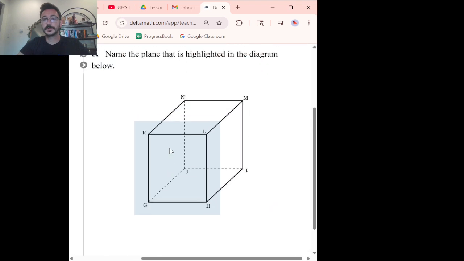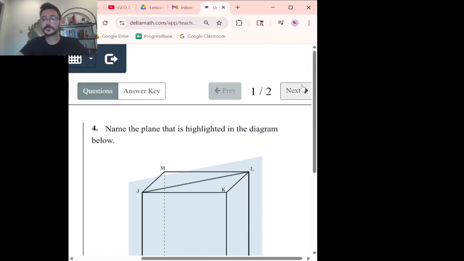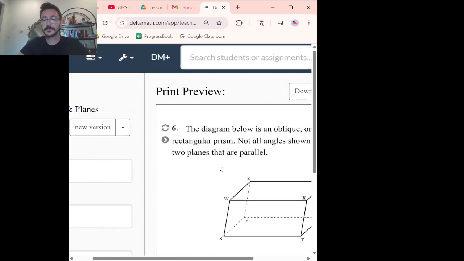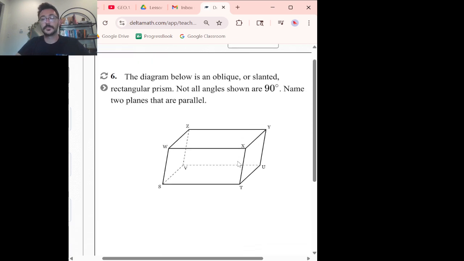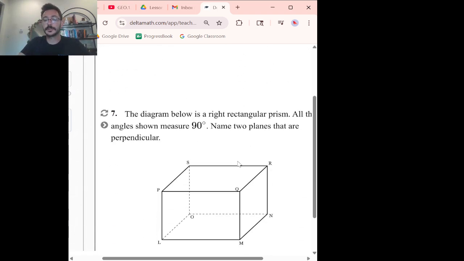What else we got here? Naming 2 planes that are parallel. So remember parallel, like think lines, don't cross. They go on forever. Parallel planes, same thing. They extend forever without intersecting.